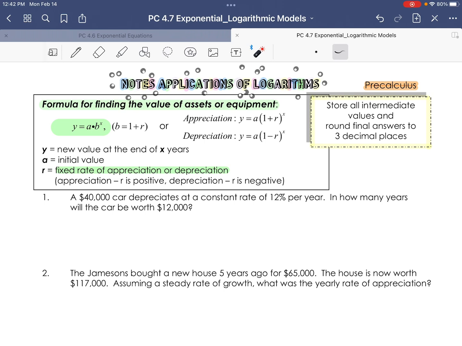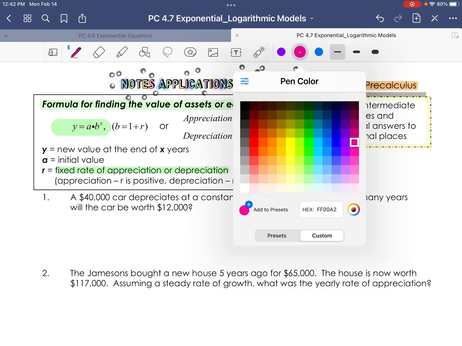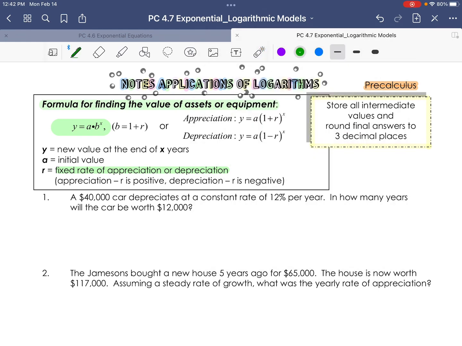And these were the ones in Integrated Math 1 when you would change this 12% per year to a multiplier, and that's all that this formula is telling you right here, that if something is appreciating, you take 1 plus the interest rate, or 1 minus the interest rate if something's depreciating. So you can either plug into these formulas, which we'll give you, or you can do it intuitively like the IM1 way.